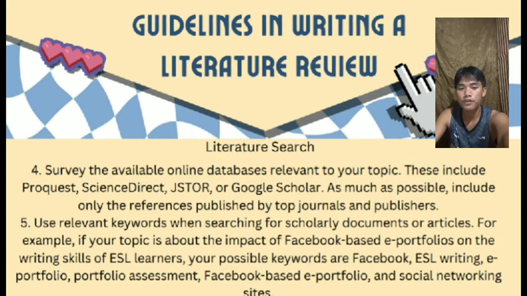Example, if your topic is about the impact of Facebook-based e-portfolios on writing skills of ESL learners, your possible keywords are Facebook, ESL writing portfolio, portfolio assessment, Facebook-based e-portfolio, and social network portfolio.